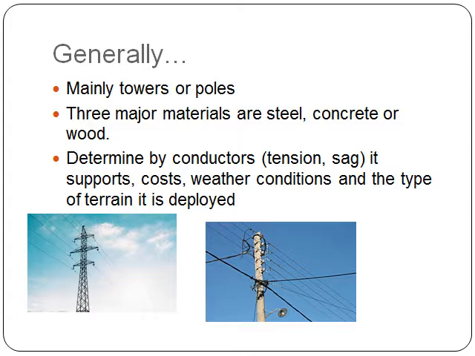There are also three major materials that you would see when you look at the electric system: steel, concrete, or wood structures. And these structures, either towers or poles, are chosen based on the conductors' tension or sag it supports, the cost that is allowed, weather conditions, and the type of terrain in which the structure is being deployed.